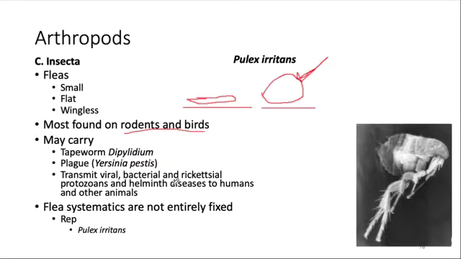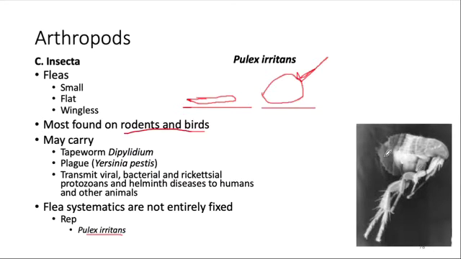Fleas, in terms of their classification, is not really fixed. Generally, when it comes to classification of organisms, especially the arthropods, there are a lot of changes that are always taking place. But a representative of the flea would be Pulex irritans.